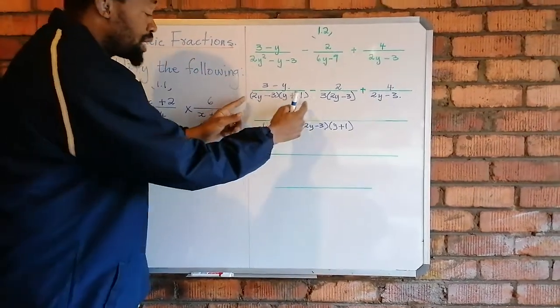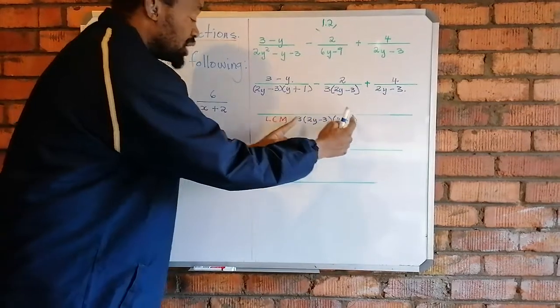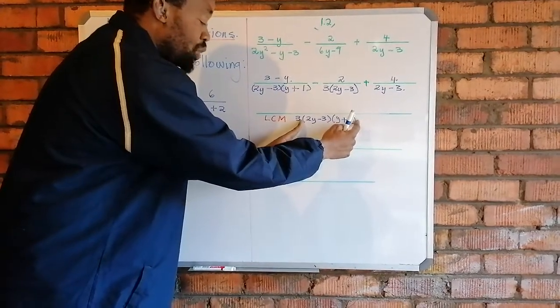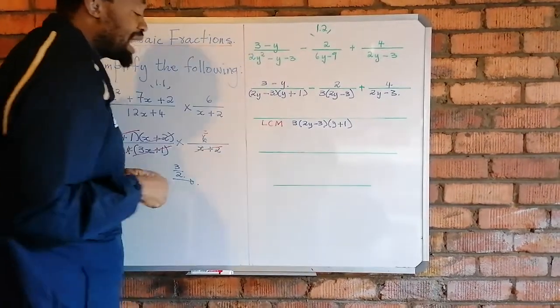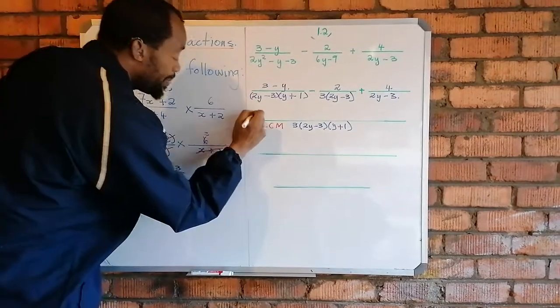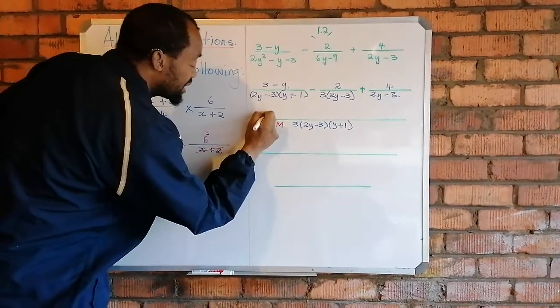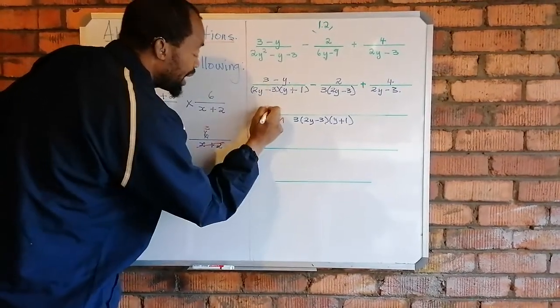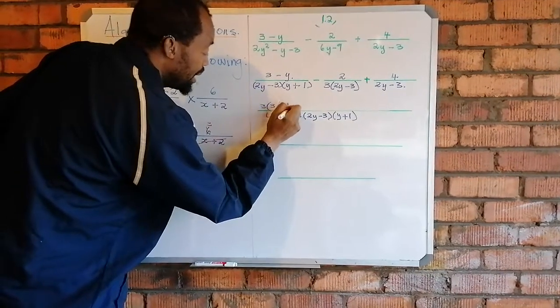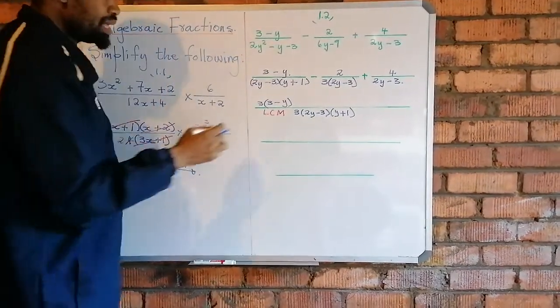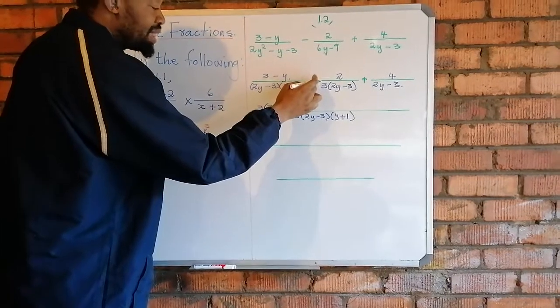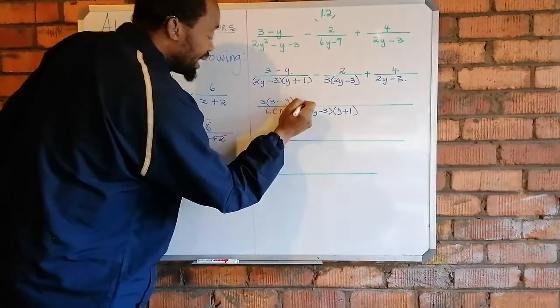Surely when I do that, this is going to cancel that because we are dividing. We are left with a 3. Then I'm going to say 3 multiplied by the numerator there. Beautiful. I bring down that sign, minus.